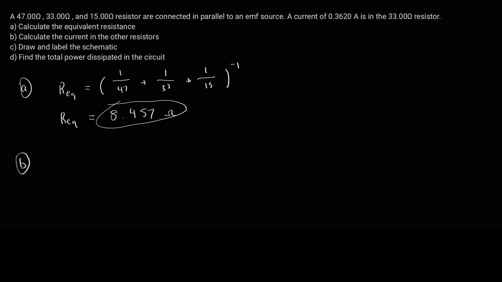Part B asks to calculate the current in the other resistors. We have the current in the 33 ohm resistor, so let's use that.